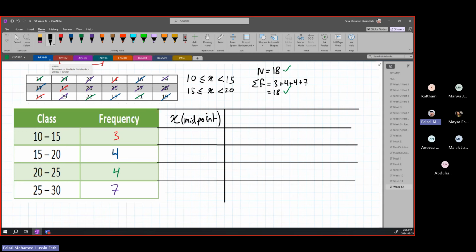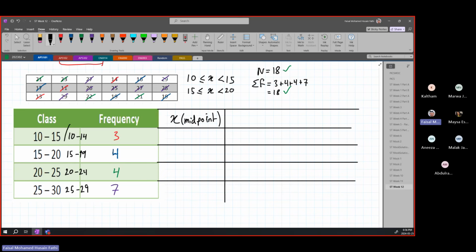Because this range is technically from 10 to 14. This range is from 15 to 19 inclusive. This range over here is from 20 to 24. And this range over here is from 25 to 29.